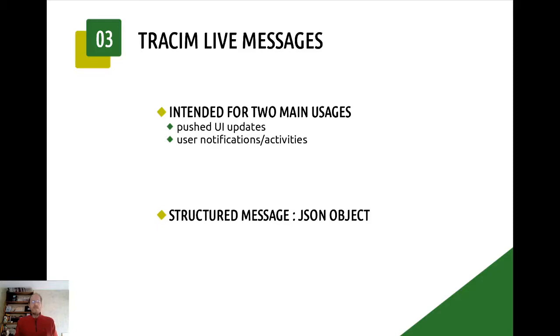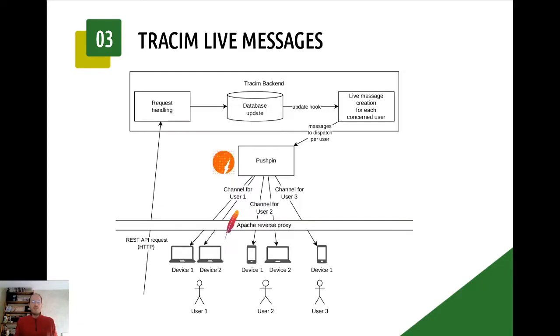Tracim Live Messages are used by the front-end application to trigger its interface updates. They also are the base of the notification panel and the recent activities features. The Tracim Live Messages are distributed to clients by the Pushpin proxy.